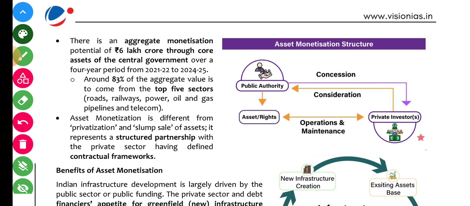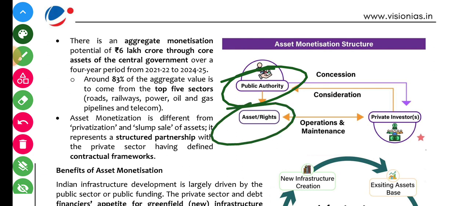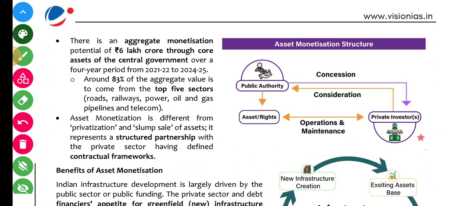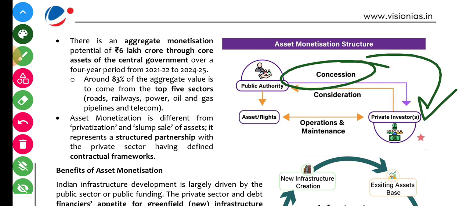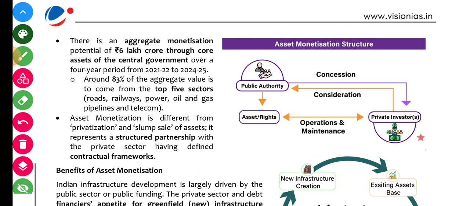The asset monetization structure involves the public authority and asset rights. The public authority gives the right to the asset to the private investors, and the private investor can create, operate and maintain infrastructure and give consideration to the government or public authority, and the public authority gives the concession to the private investor.